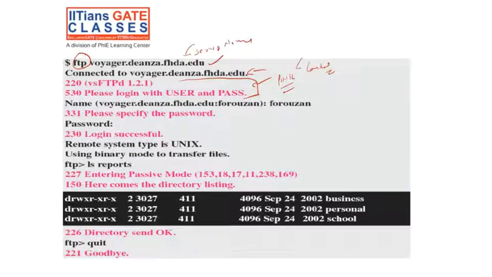They are showing status codes, 220 and 530, each with a meaning: please log in with the username. Now we are sending the name, and this colorful part is the control connection. On the control process the information is coming, that's the name.